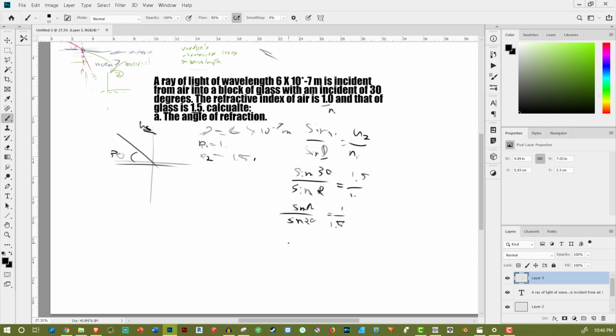So since sin r is right here, this equals 1.5 times sin 30. If you put that in the calculator, that would give you approximately 19.41 degrees.